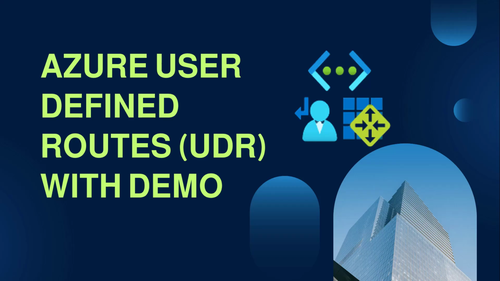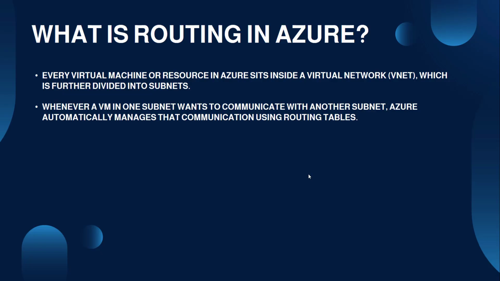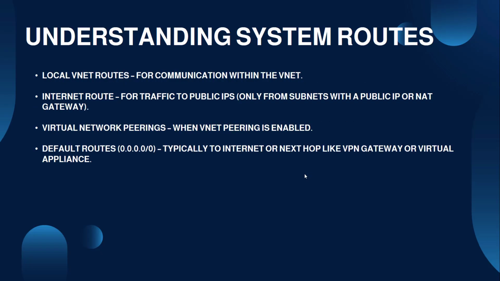So let's understand what system routes are first. System routes are the routes automatically created by Azure to ensure basic connectivity. These include local VNet routing. Suppose there are machines within the virtual network, that is taken care of by the system routing.